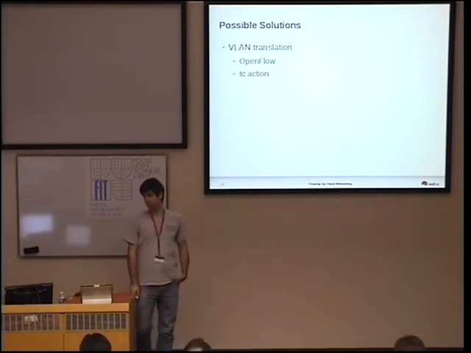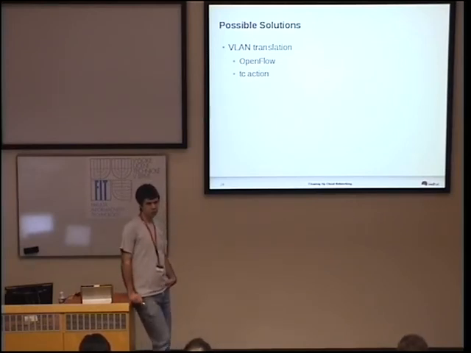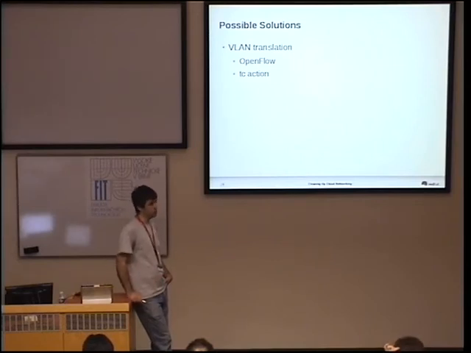VLAN translation. How to do that? Yep. We can of course try to find out some clever OpenFlow rules that would allow the translation. I think it's possible. So yeah, that's one option. Another option is again TC. As I said, TC infrastructure is quite powerful. It can modify packets.